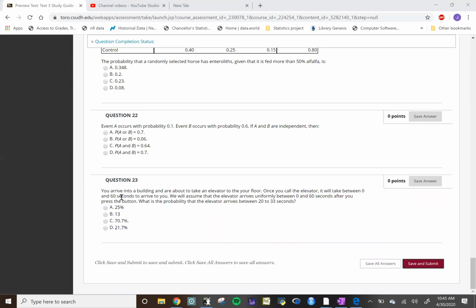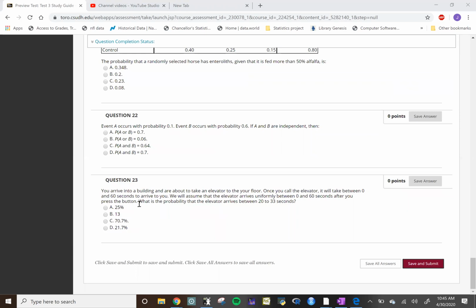Sweet. All right, so for 23, say you arrive into a building and are about to take an elevator to your floor. Once you call the elevator, it will take between 0 and 60 seconds to arrive to you. We will assume that the elevator arrives uniformly. This is important: they tell you it's uniformly between 0 and 60 seconds.